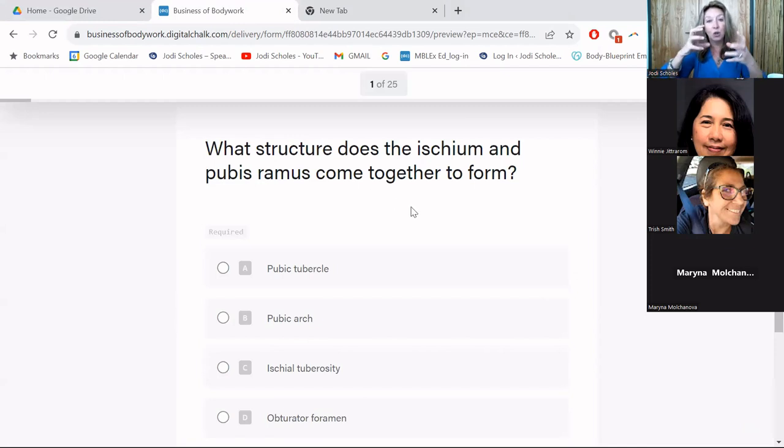The ischium is your hip bones. The pubic ramus is that little section that attaches to the symphysis. The symphysis is in the middle, but the ischium and the pubic ramus come together to form something that's a circle. It's that circle at the bottom of your pelvis.